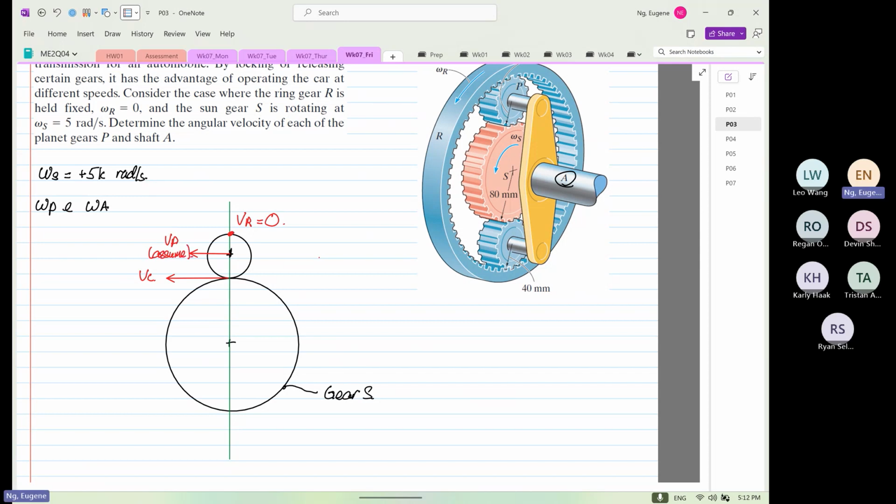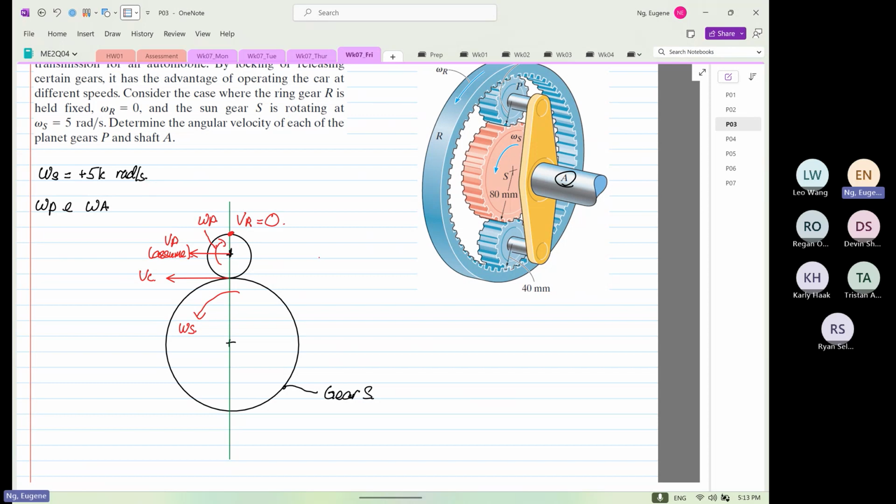Whatever that I don't write assume, I'm very sure of the direction. We also know that this is rotating at omega S, and this is rotating at omega P. Are we sure about the rotation? Anyone? We are very, very sure. This is not an assumption. The only thing that I'm assuming down here is I have not a clue if VP is rotating in that same direction.